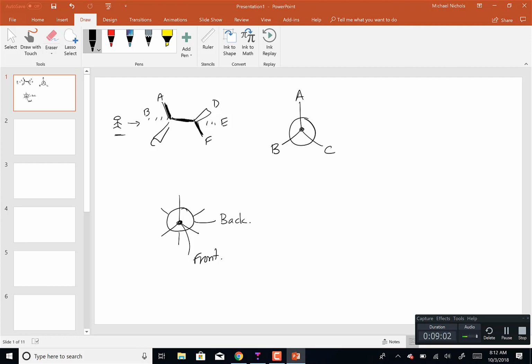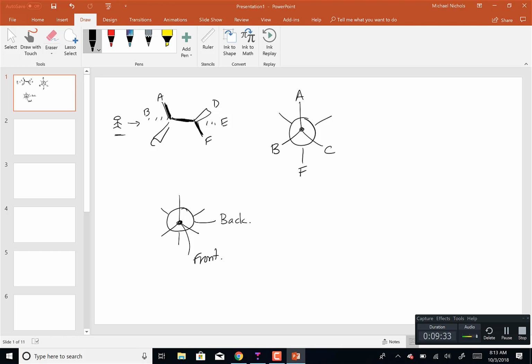Now, what about D, E, and F? Well, since F is in the plane of the screen and straight down, and A and F are opposite each other in that plane, F is there. So F is pointed straight down. And then there's a position here and a position here.